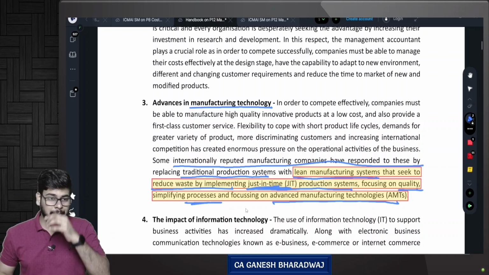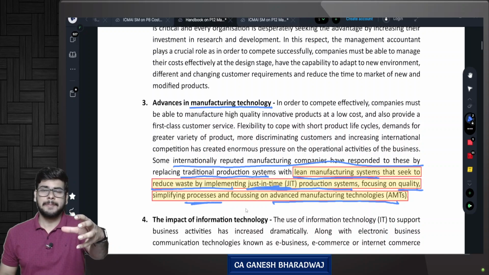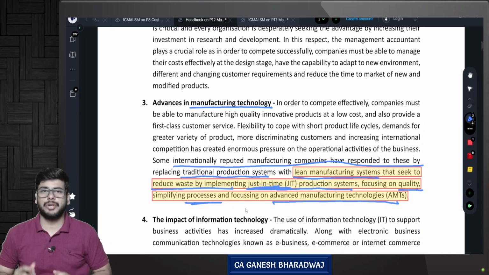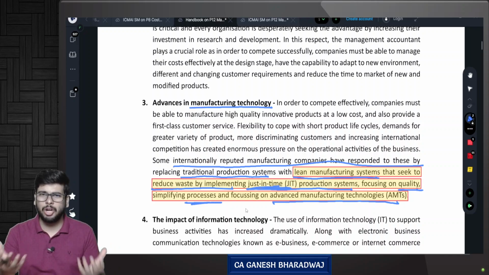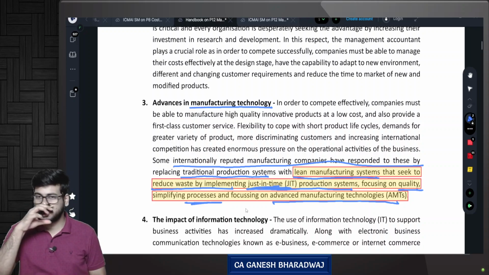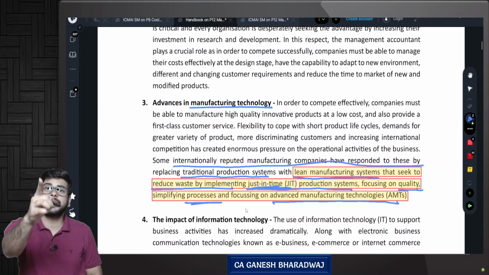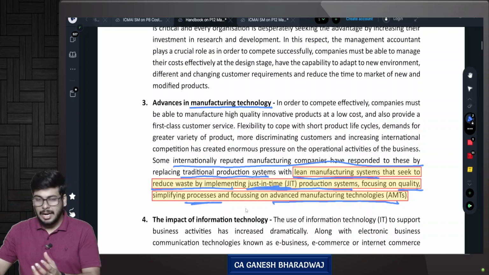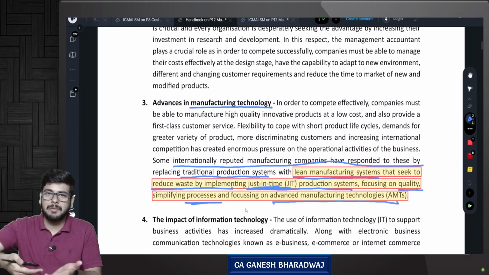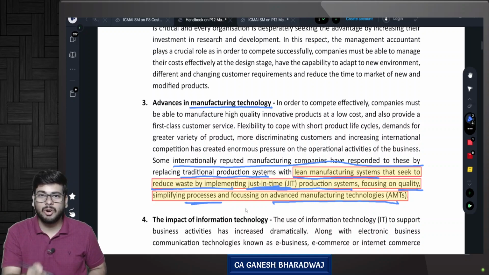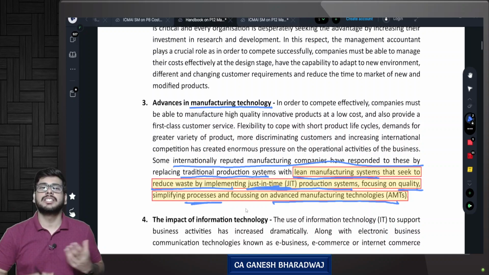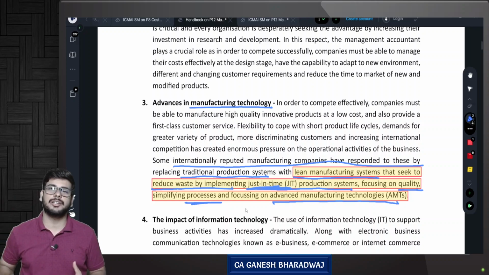This is similar to if you go to a restaurant or a small roadside shop, and you ask the shopkeeper to give you a dosa. Only after he gets the order, he will heat the dosa pan, pour the batter, and prepare the dosa and give it to you, correct? That is called a just in time system. Only when a demand comes, the production will start and you will honor your customer.